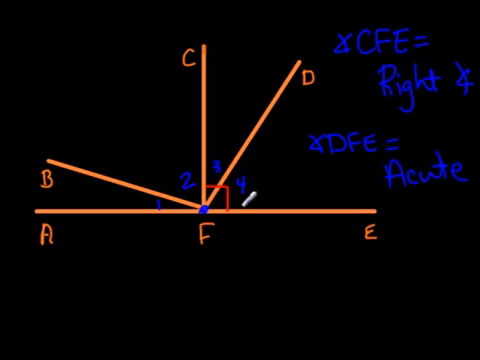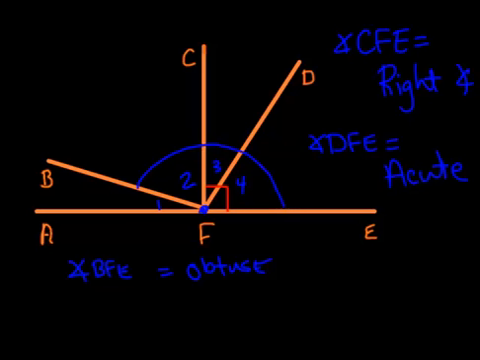An obtuse angle, remember, is larger than 90 degrees, but less than 180. So I've got 2 different angles. I can look at angle BFE, which is this whole angle. Angle BFE is obtuse. We also have another angle.